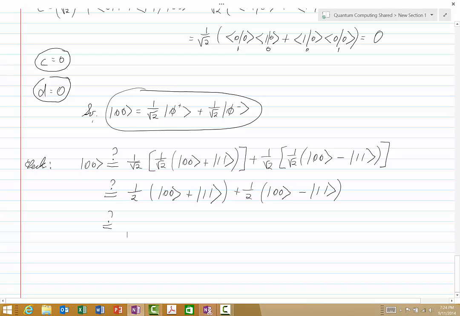And so, indeed, in the end, we get 1 times 0, 0. And so, sure enough, that works. And so, since the Bell basis is an orthonormal basis, it is very easy to find the coefficients. And that gives us an introduction to Chapter 3.